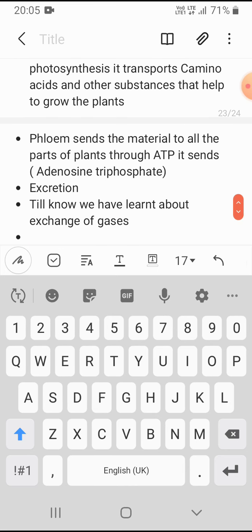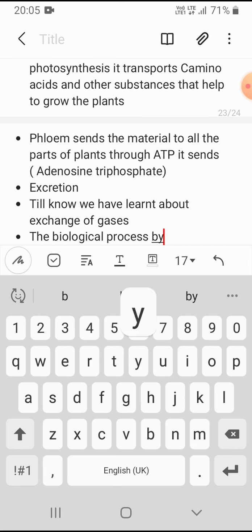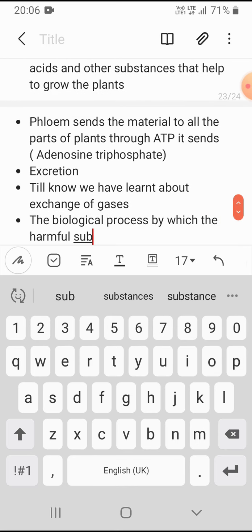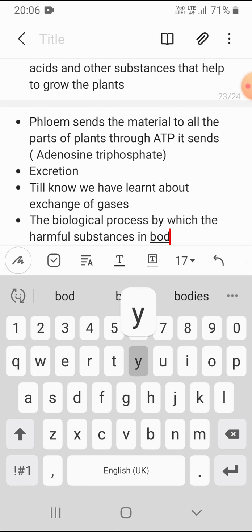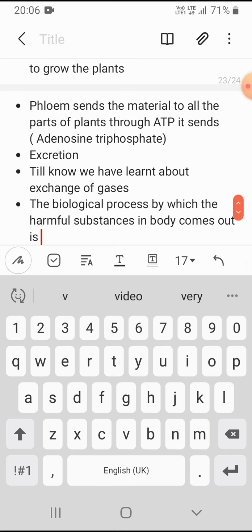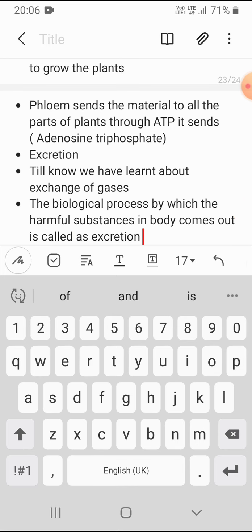So now we learn about the biological process by which the harmful substance in the body comes out, which is called excretion. The harmful substance of the body that comes out.